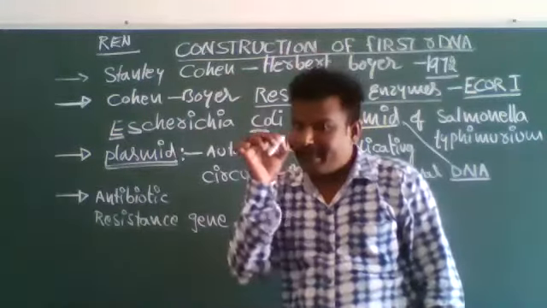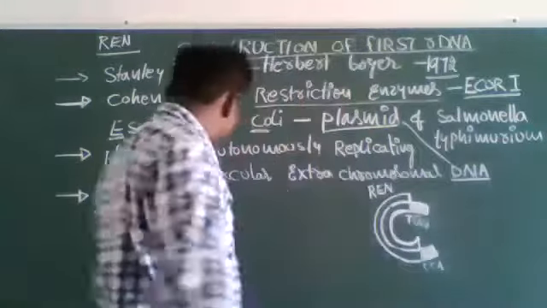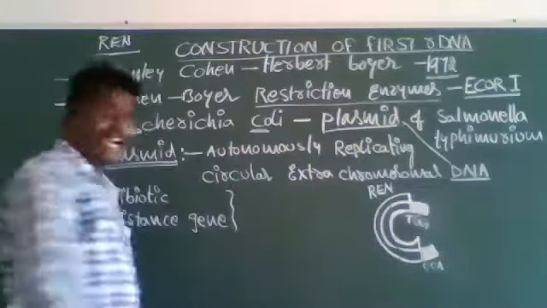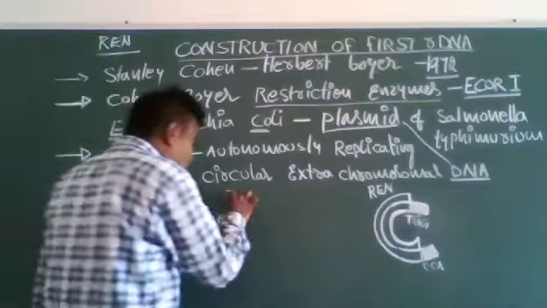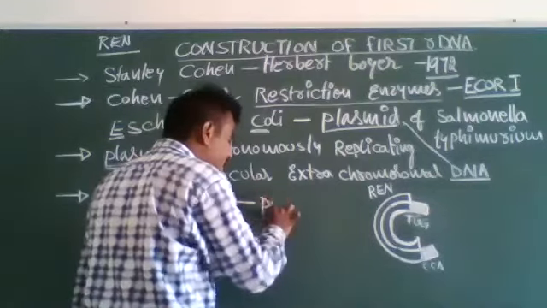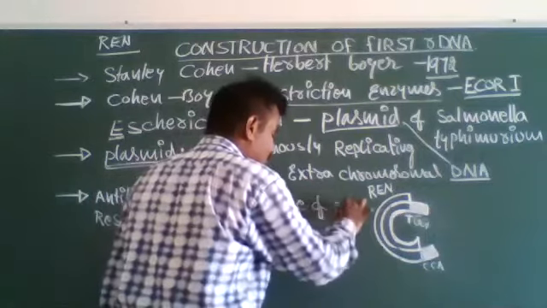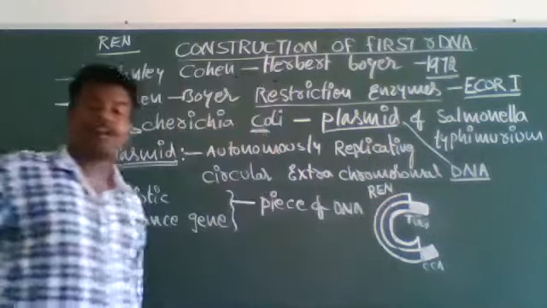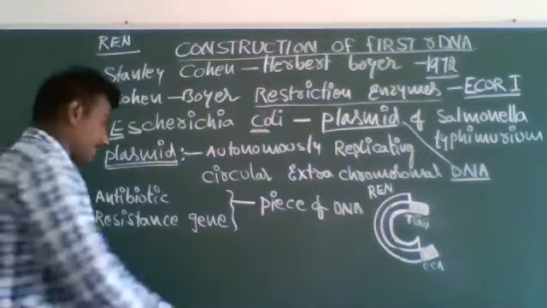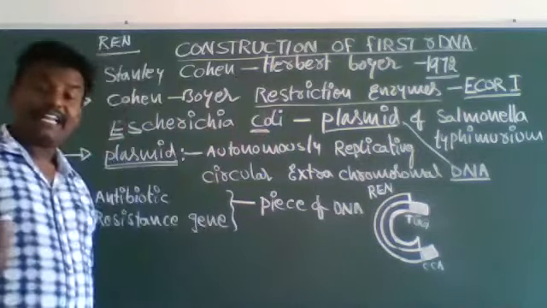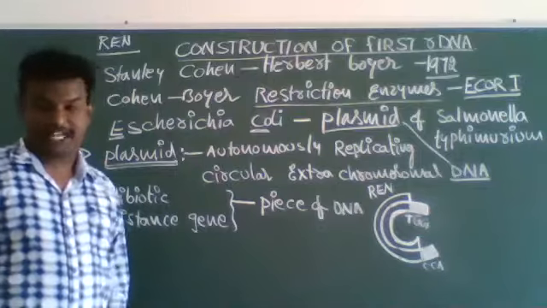The antibiotic resistance gene is isolated by cutting out a piece of DNA which had resistance to antibiotics.